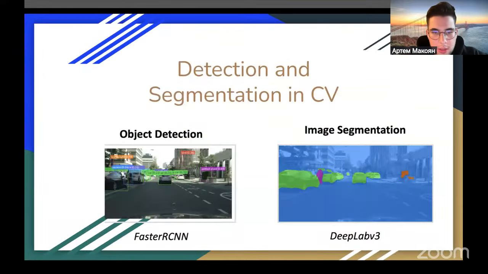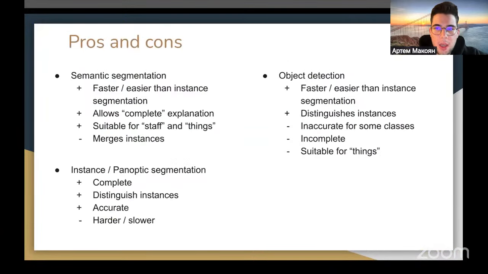And for object detection, there's only one case. Sometimes in more interesting cases, we want, for example, three-dimensional bounding boxes for some tasks, but we won't talk about it today.